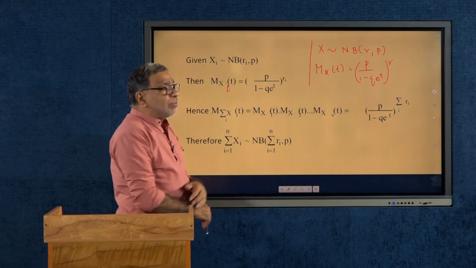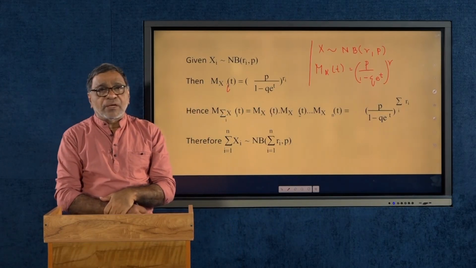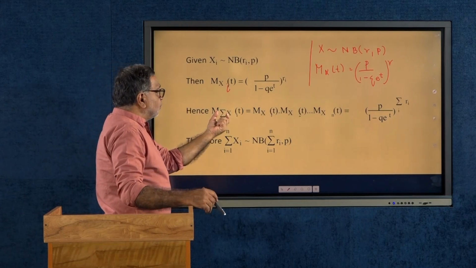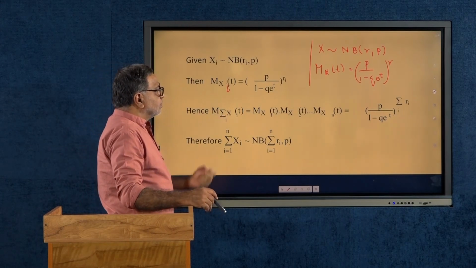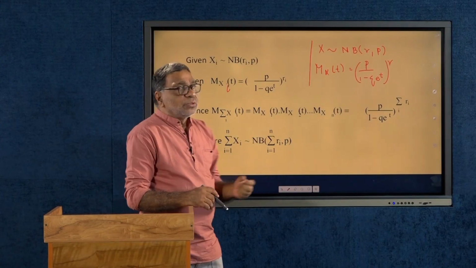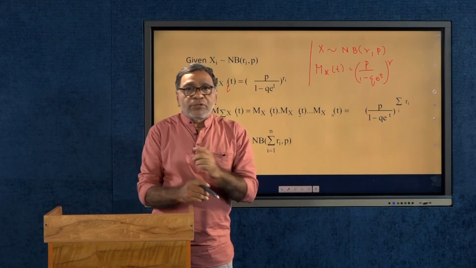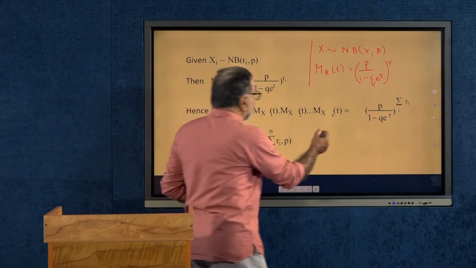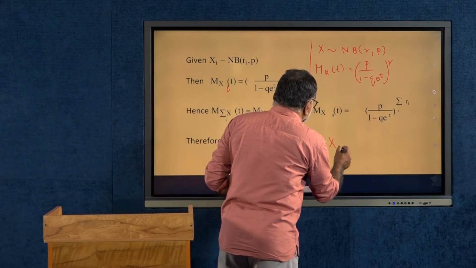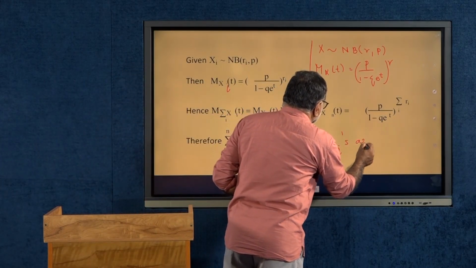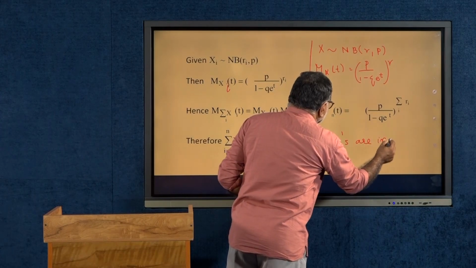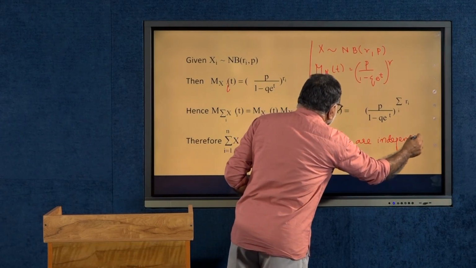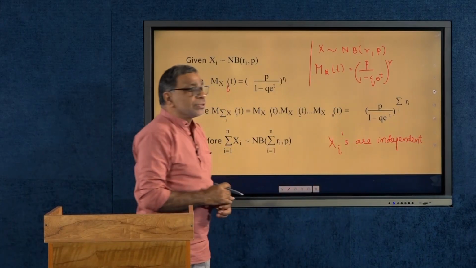Consider the moment generating function of the sum of the random variables. The moment generating function of the sum of xi's is equal to the product of the moment generating functions of the respective random variables, because the xi's are independent random variables.